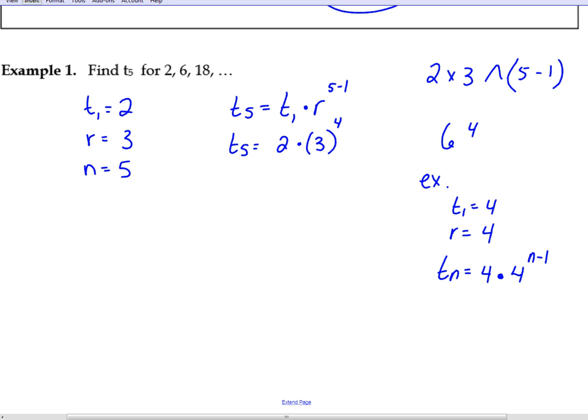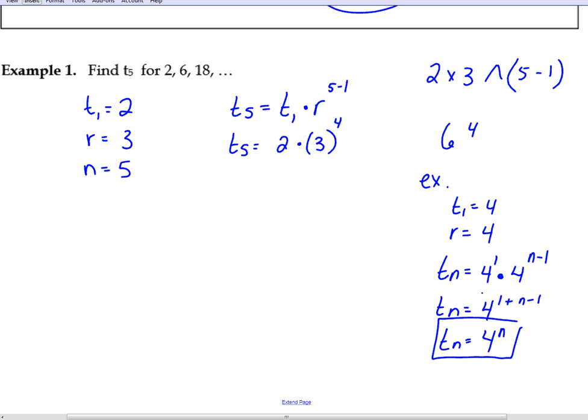But what's the exponent of 4 if you don't see it? 1. So if the bases are the same, what can we do to the exponents? If they're being multiplied, we add the exponents. So 1 plus N minus 1, guess what that equals? Just N, 4 to the N.